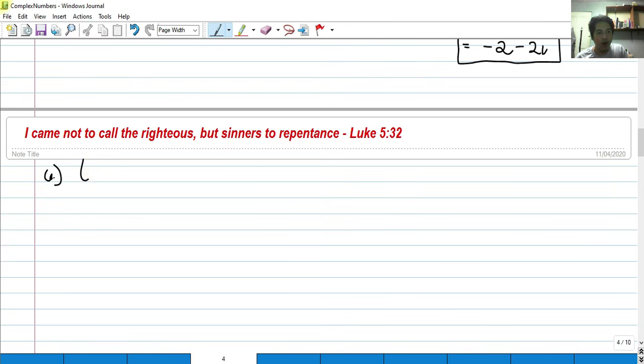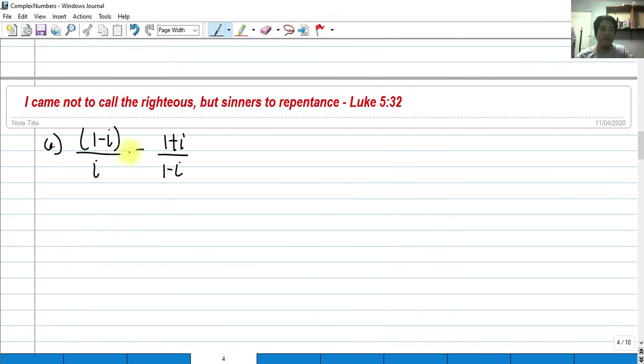we have 1 minus i over i minus 1 plus i over 1 minus i. So before we perform the subtraction operation, we must again multiply each term by its conjugate. So we have 1 minus i over i.